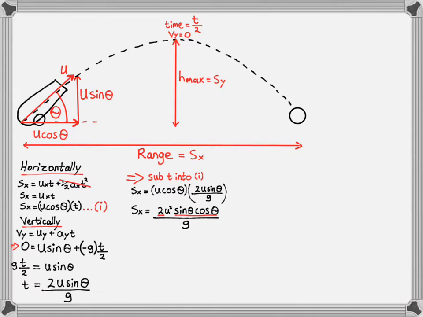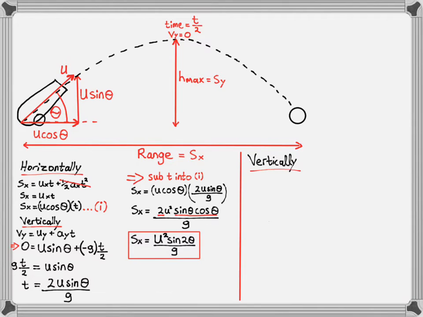But this value here, 2 sine of theta cos of theta, has a particular value in trigonometry. It's equal to sine of 2 theta. So I can rearrange this. I can substitute 2 sine of theta cos of theta for sine of 2 theta, and I simplify my equation to Sx is equal to u squared sine of 2 theta all over g. So this gives me an equation for the range, or the horizontal displacement, where I don't have any value for time.